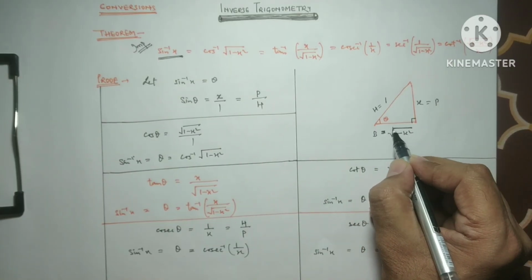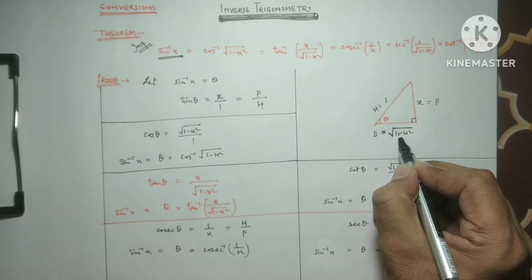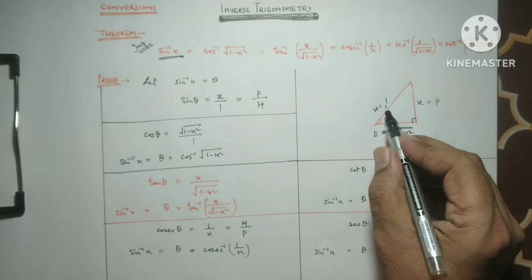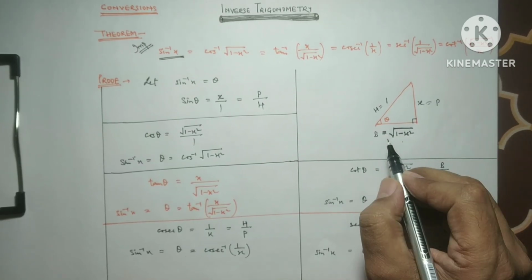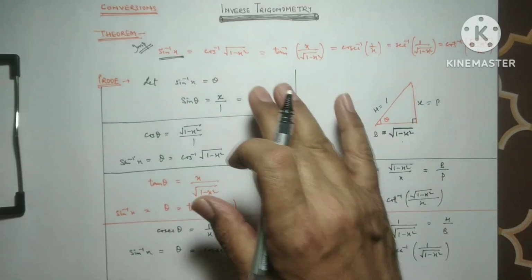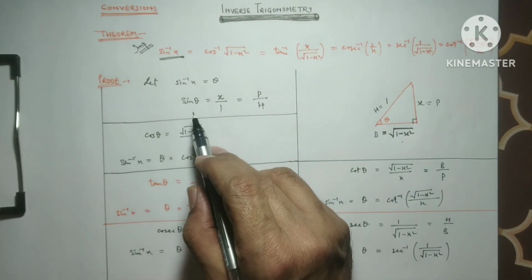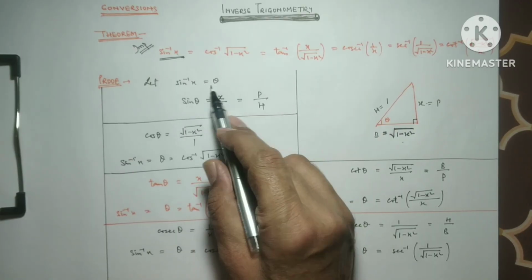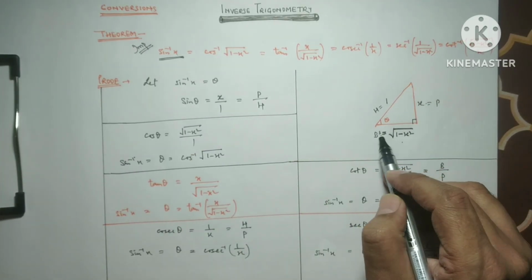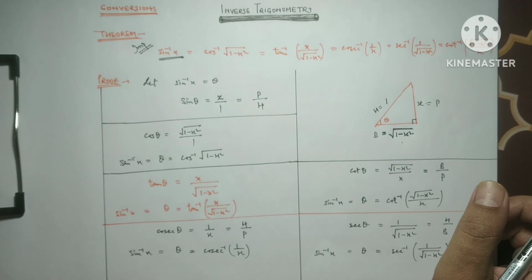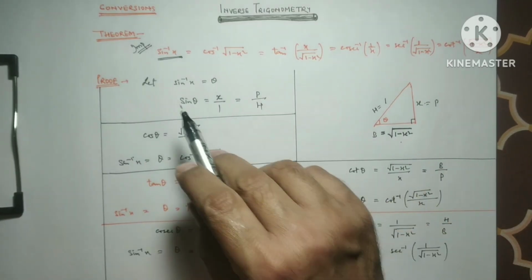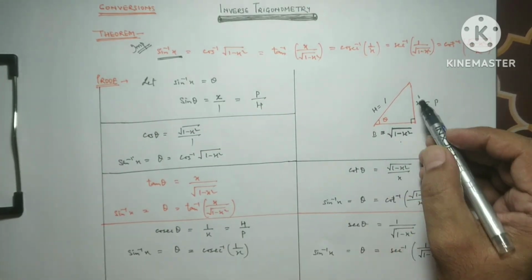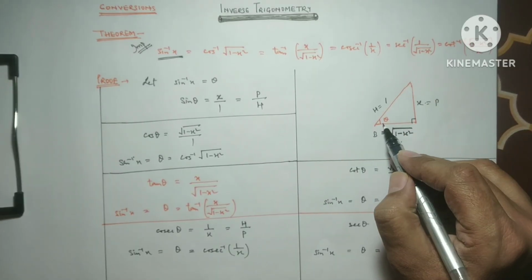So we use these expressions of the sides, 1, x and under root of this, to write it in terms of other inverses. So right now we have sine theta is x, and by this we prepare this right triangle. Right now we want to convert this in terms of cos inverse. So we collect the formula of cos theta.